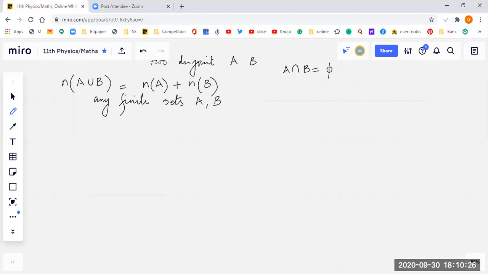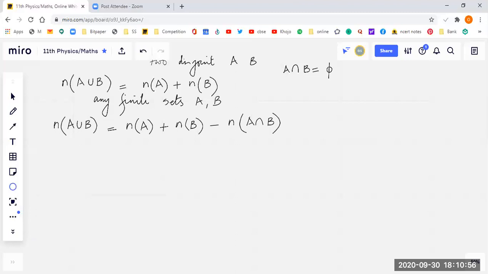So I can state number of elements in A union B is equal to number of elements in A plus number of elements in B minus number of elements in A intersection B. So let's understand this by Venn diagram. Very simple.